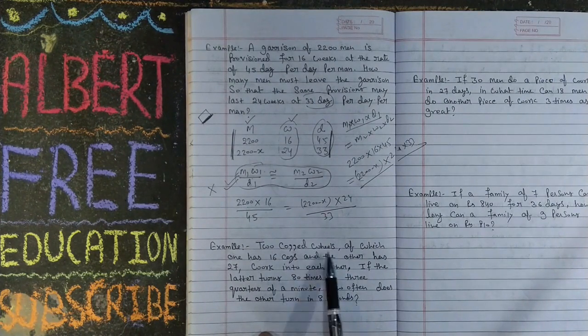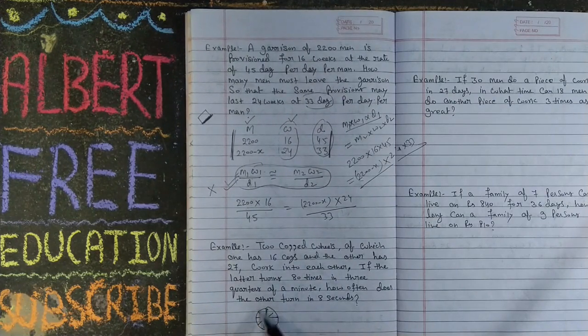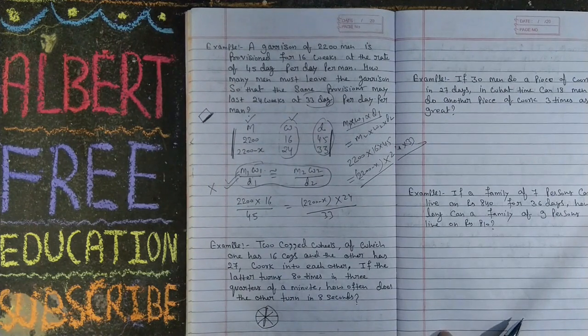Two cogged wheels, of which one has 16 cogs and the other has 27. Suppose you have such a type of wheel, with many such lines. You have seen such wheels also.